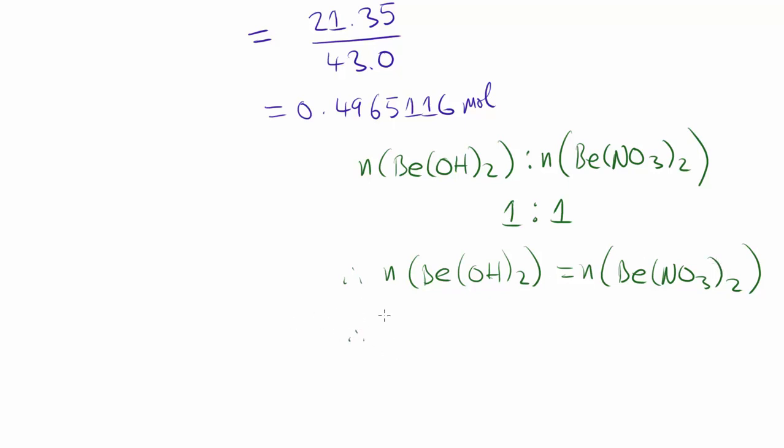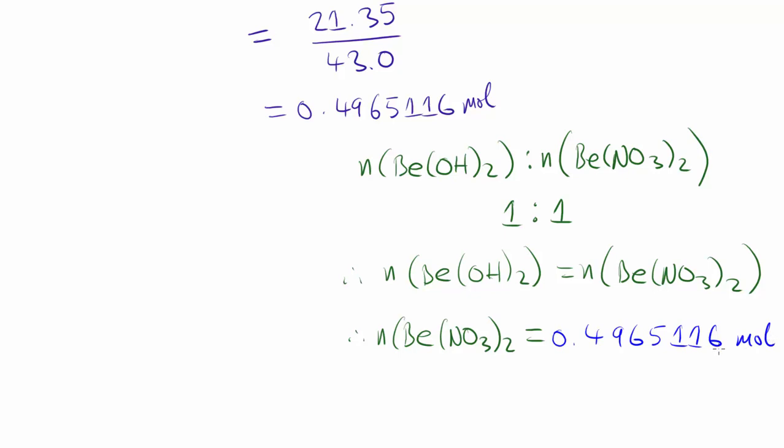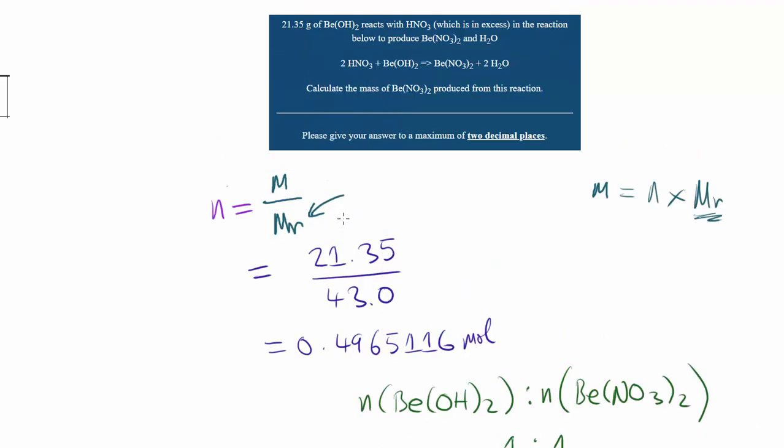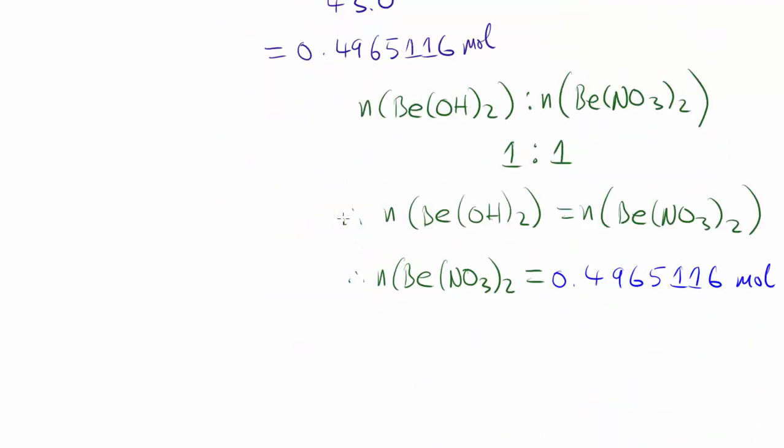And because of that, the moles of Be(NO3)2 is equal to the moles that we just calculated, so it's going to be equal to 0.4965116 moles. But we've been asked in the question to work out the mass, right? So we still have some steps to do yet.